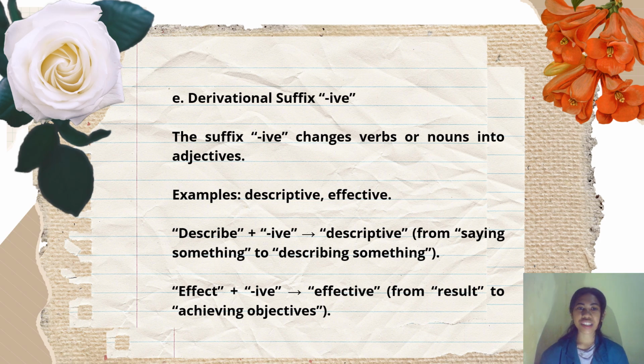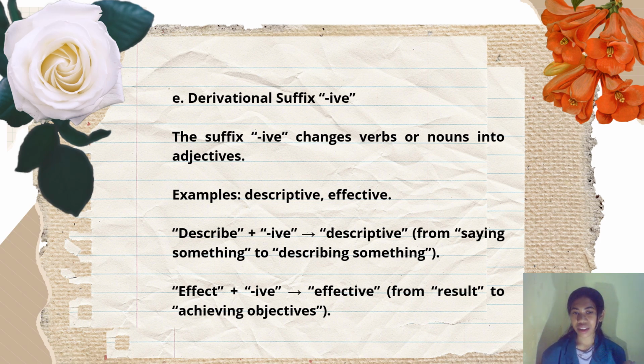Here we move to the next slide. In this slide, we would like to discuss the derivational suffix "ive" that the students use in their thesis abstracts. The suffix "ive" changes verbs or nouns into adjectives. For example, the word describe adds the suffix "ive" at the end and becomes descriptive, from saying something to describing something.